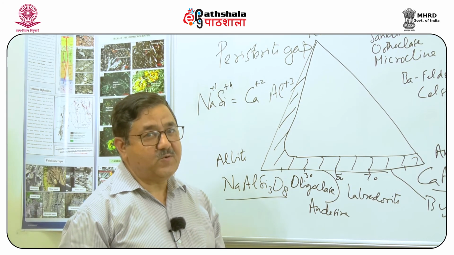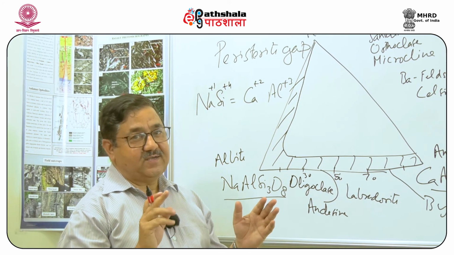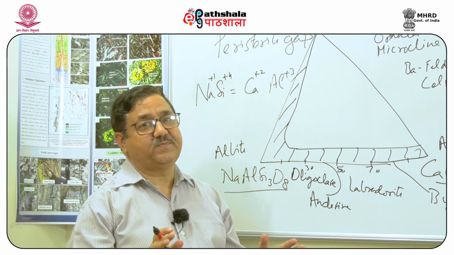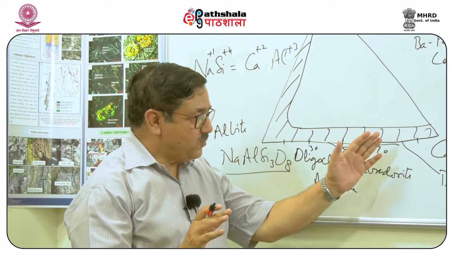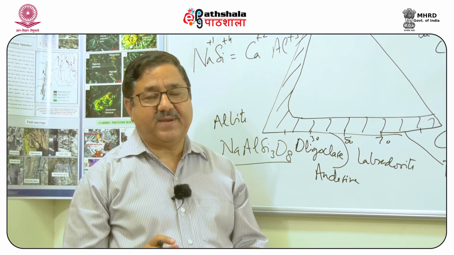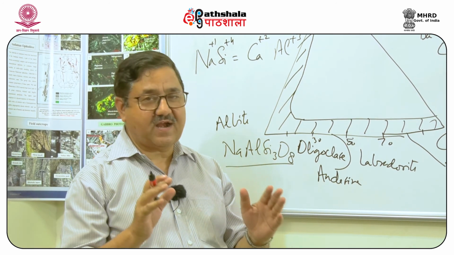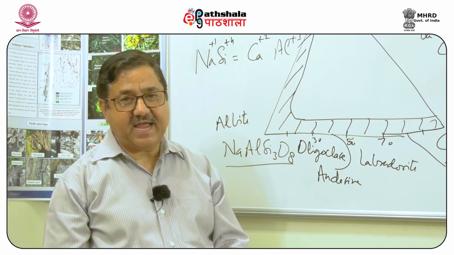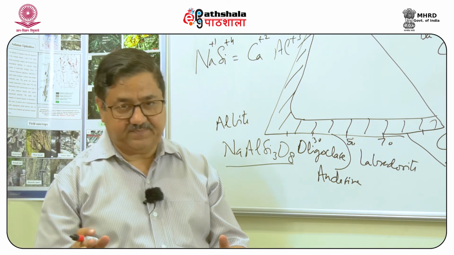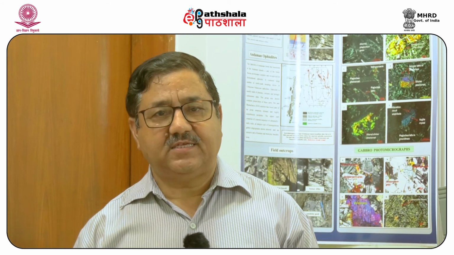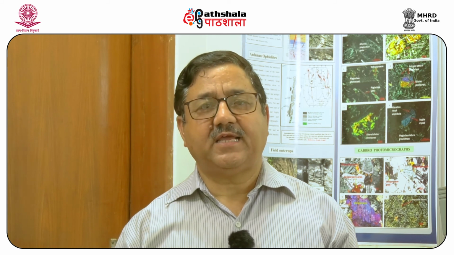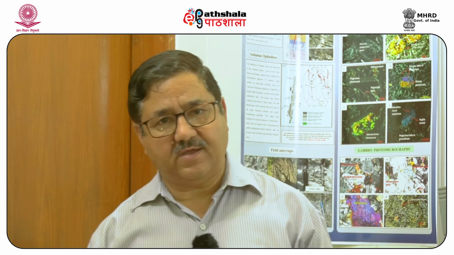We can look at the different structural forms, because when this substitution is taking place, the crystallography is controlling, or different crystallography results. We can look at that illustrated in a diagram. As I explained, the structural state of feldspar is a temperature dependent phenomenon.